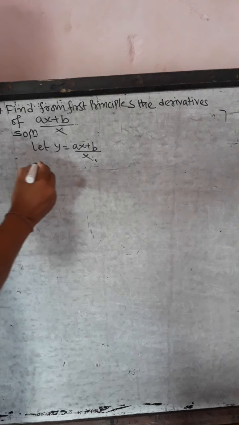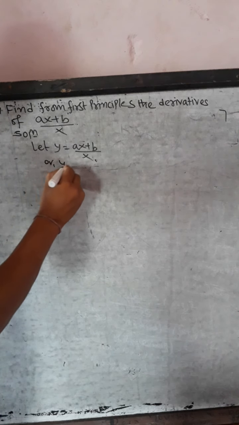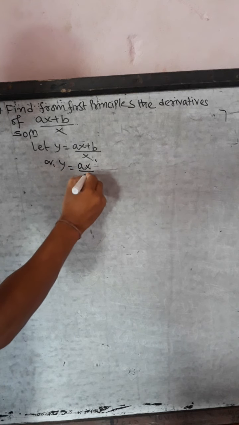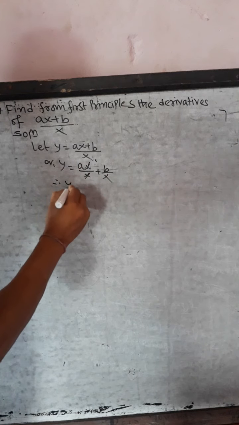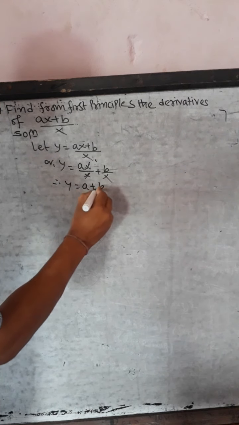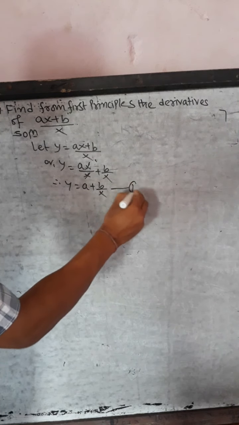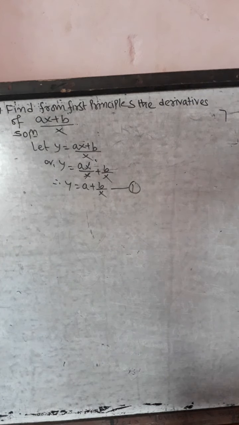Now first separate it. Denominator x separate it: ax by x plus b by x. Cancel. So therefore y is equal to a plus b by x. Suppose this is equation number 1.